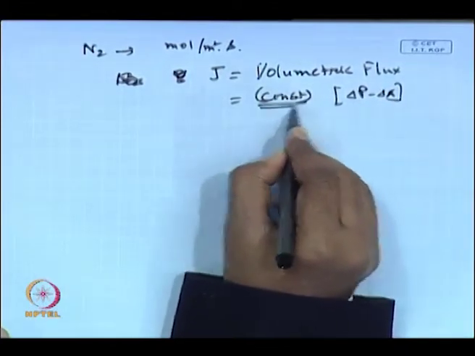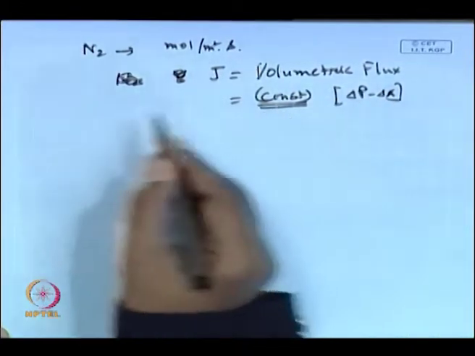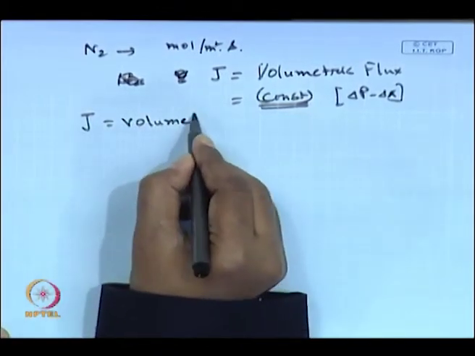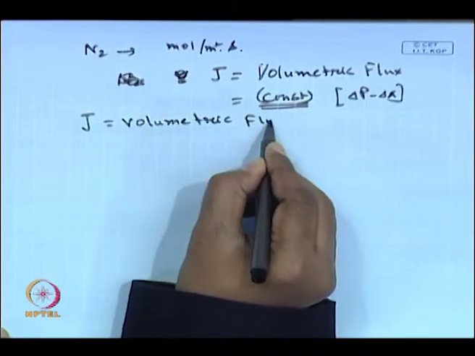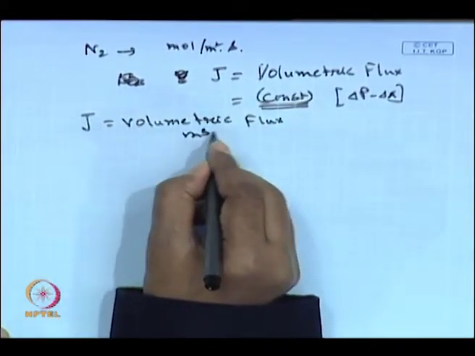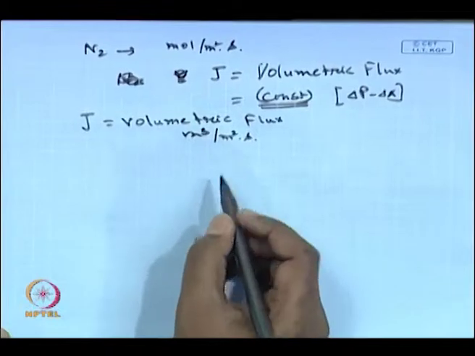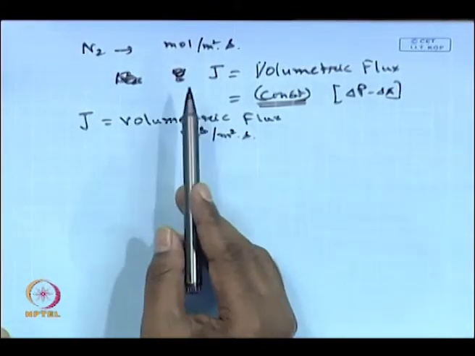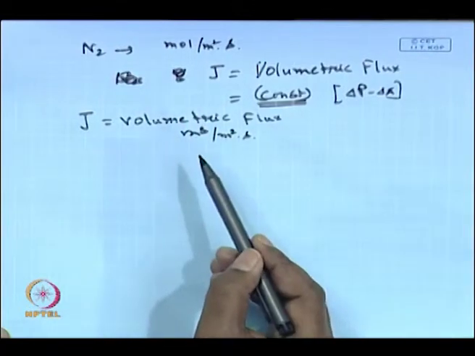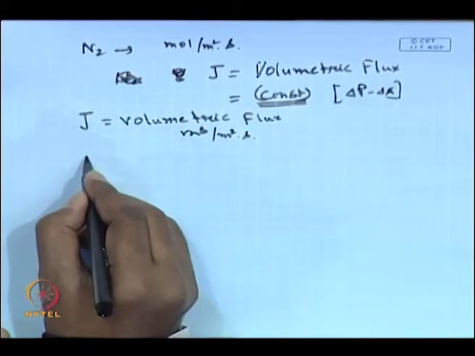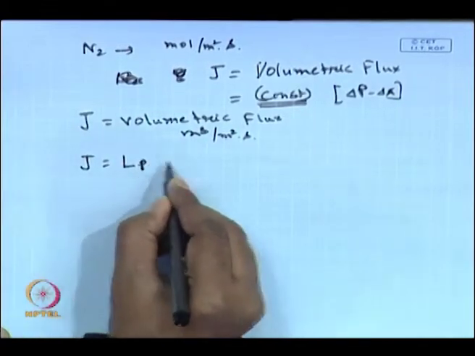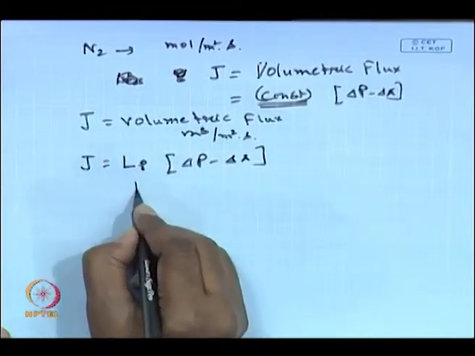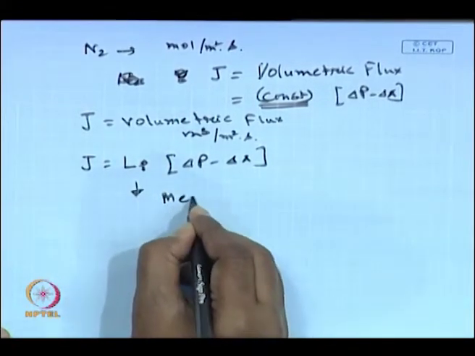This constant is known as the permeability if J is expressed as a volumetric flux, that means meter cube per meter square per unit time. You can easily convert mole per meter square second into meter cube per meter square second by invoking the factors of density, molecular weight, and so on. So, J becomes Lp times delta P minus delta pi. This Lp is known as the membrane permeability.